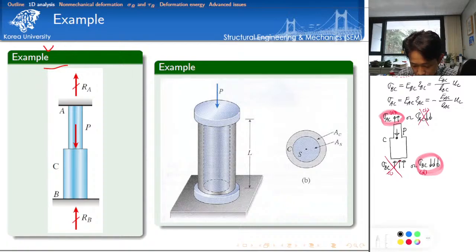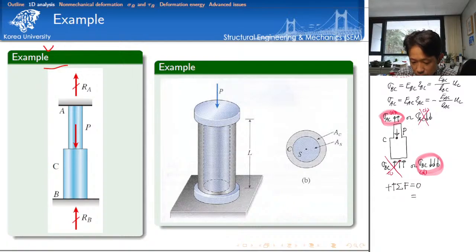I want to check the force equilibrium in the vertical direction, which should be equal to 0, because I'm talking about a system in equilibrium. The sum of forces acting on this free body should be equal to 0.